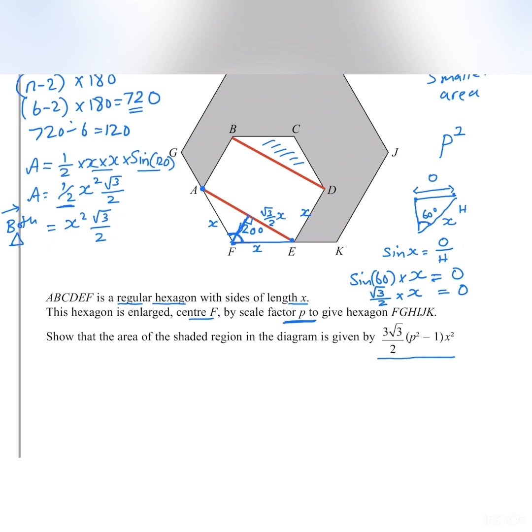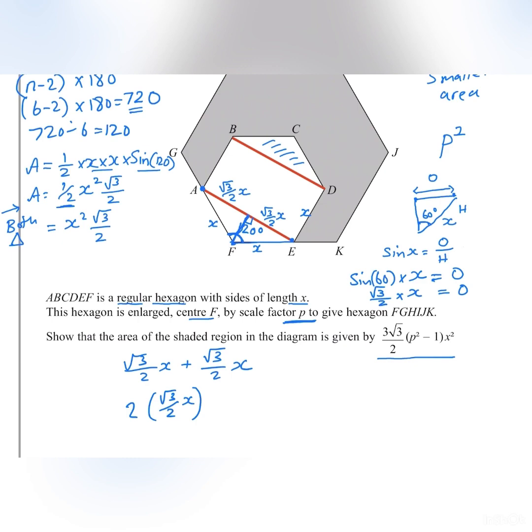But the rectangle's side length is double that, so this is also going to be root 3 over 2 x. If we add them together, we've got root 3 over 2 x plus root 3 over 2 x, so this is two lots of root 3 over 2 x.